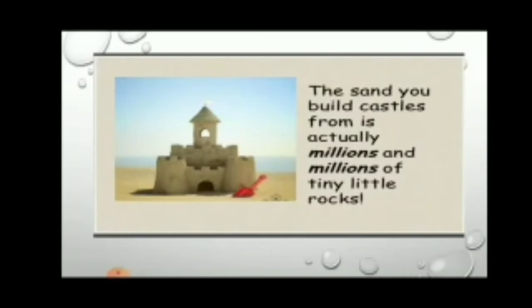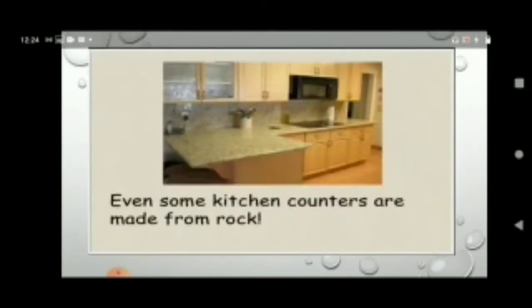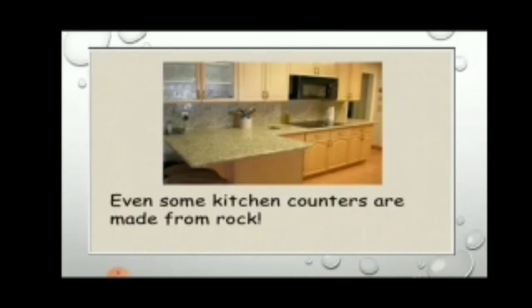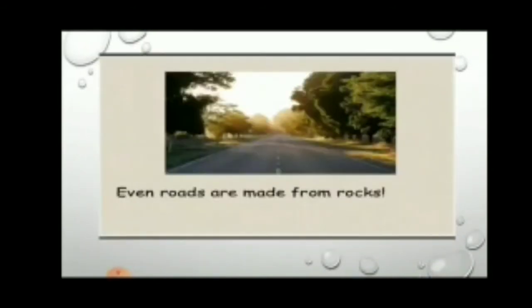So in the desert or in a sandy place, the sand you build a castle from, this castle is made of rocks. Even some kitchen counters are made from rocks. We can see them in different places. In the picture, it's very clear that the kitchen counter is made of rock. Even roads are made from rocks.